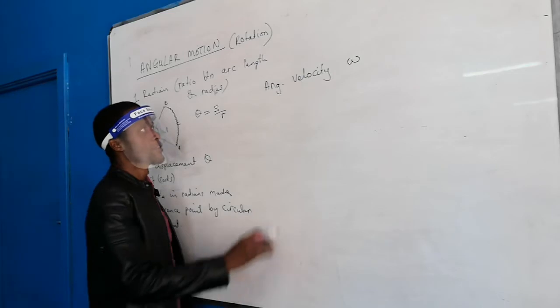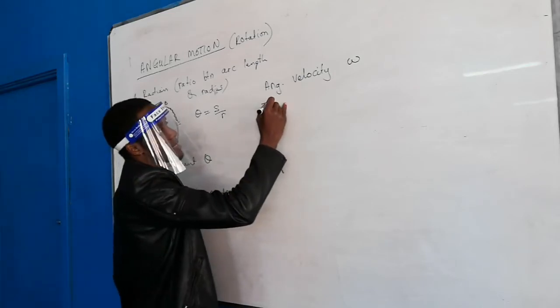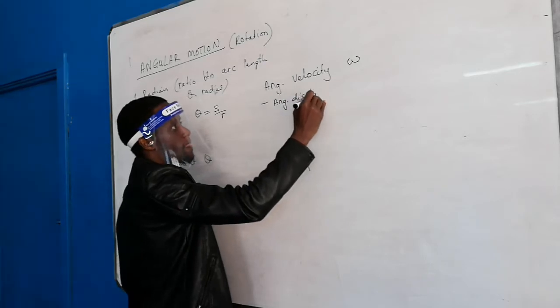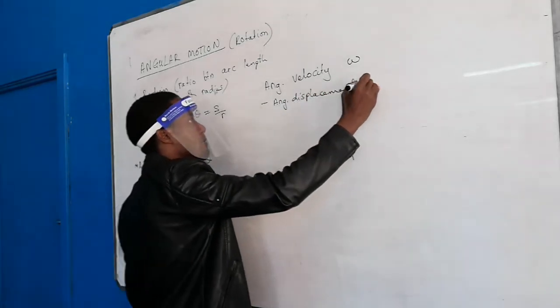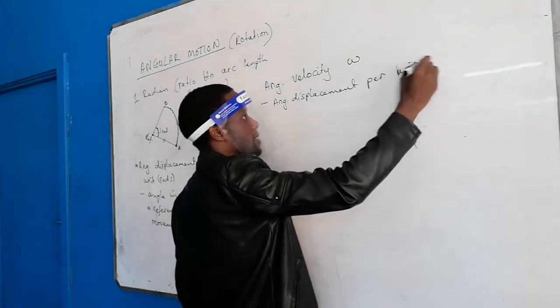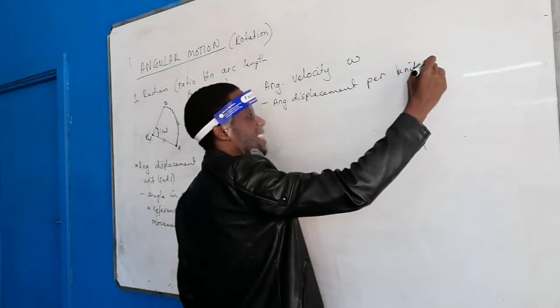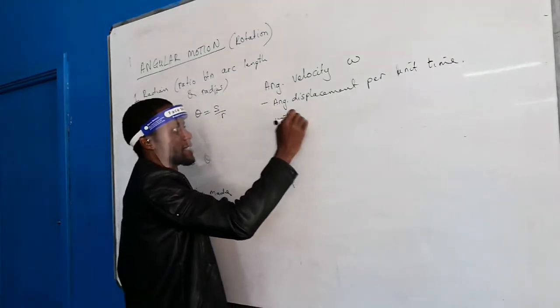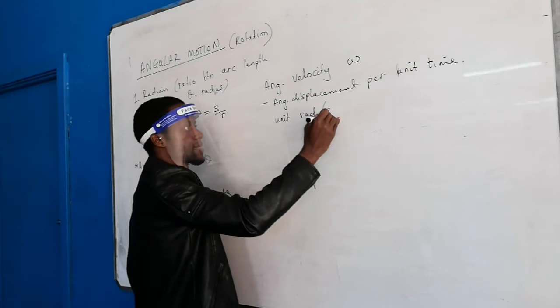Okay, angular velocity is angular displacement per unit time, second. The unit for angular velocity is rads per second.